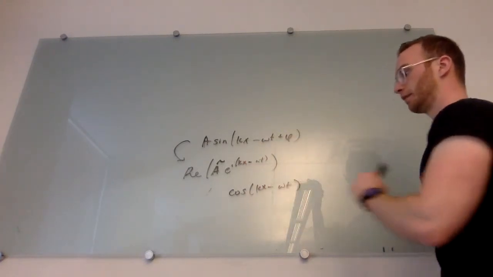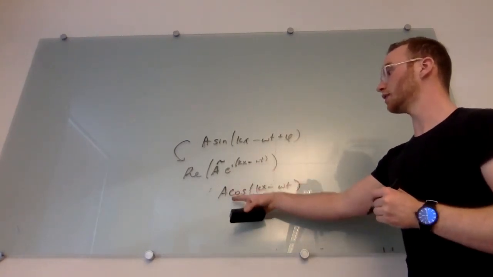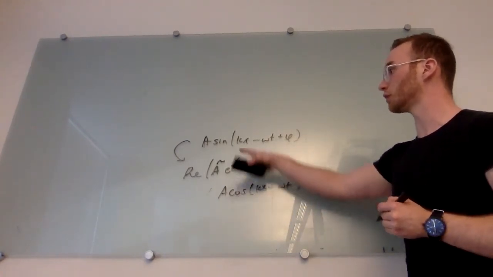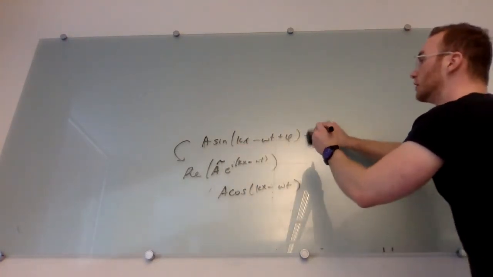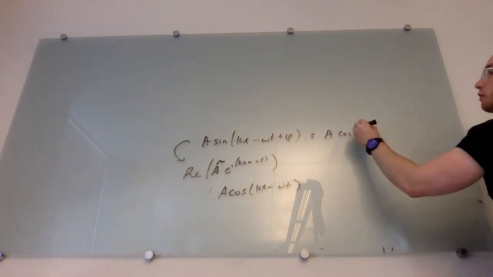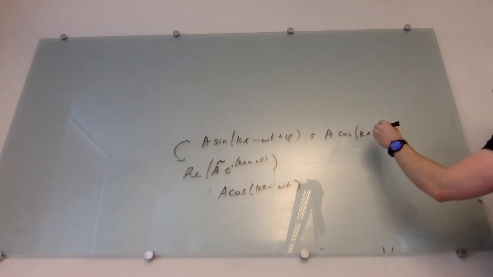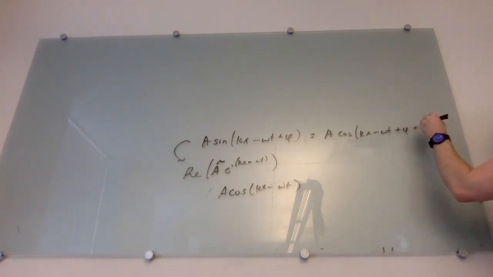So this is this, but of course we have a sine. We can replace it with a cosine, with something like that. It might be minus actually.